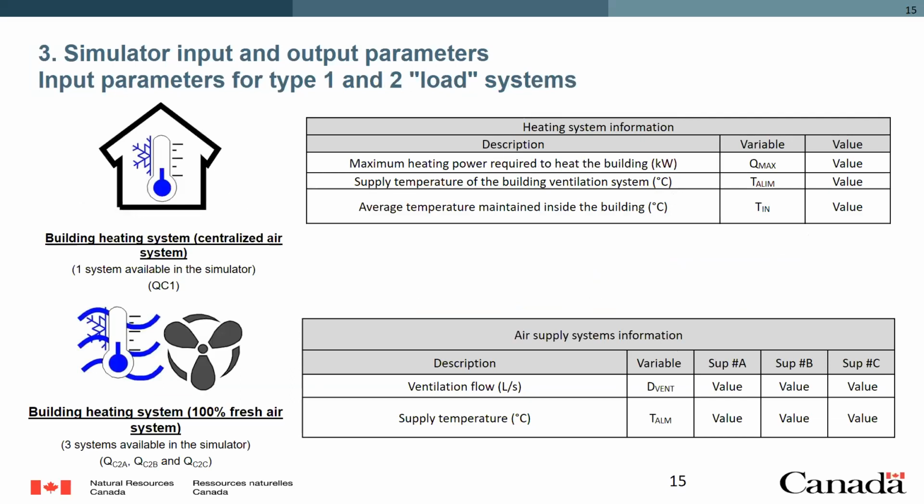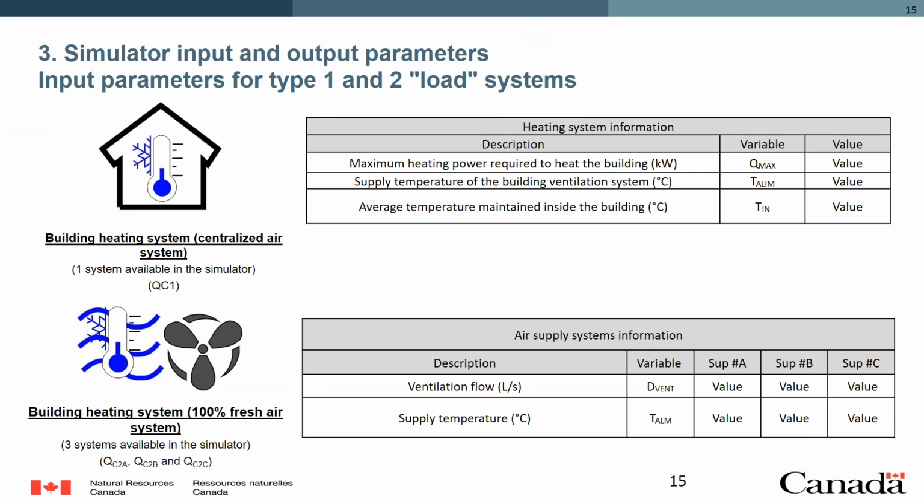So now looking on the load side, for the building heating systems or centralized air systems, you have to input what is the maximum heating power required for the building, in kilowatts, then the supply temperature of the building ventilation system, and then the average temperature maintained inside the building.